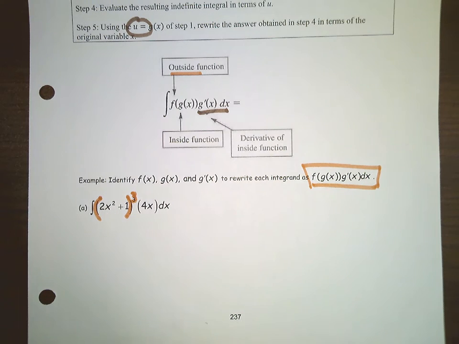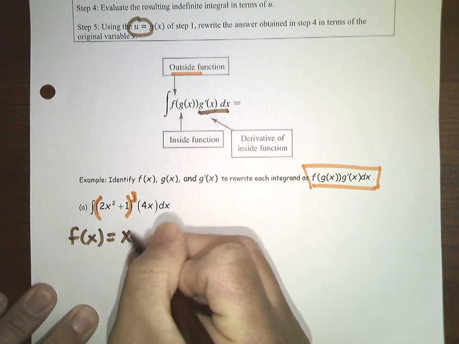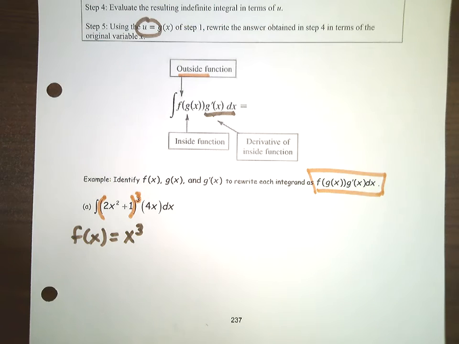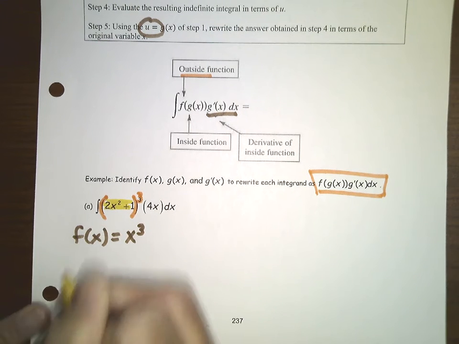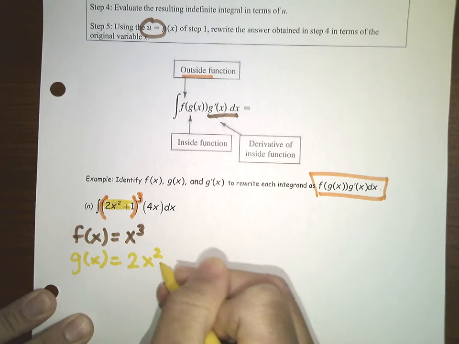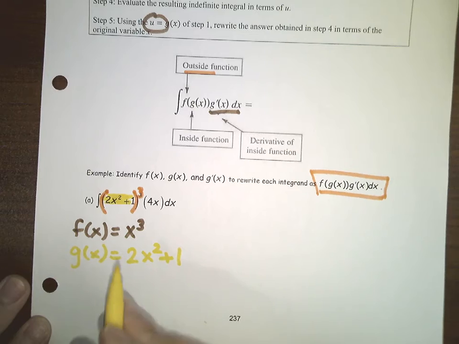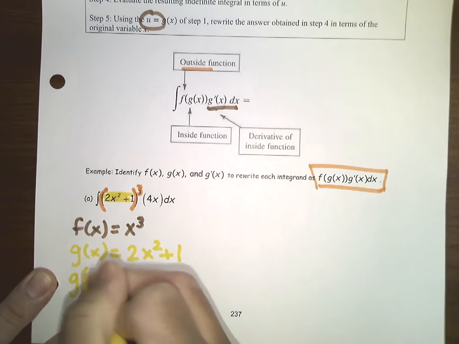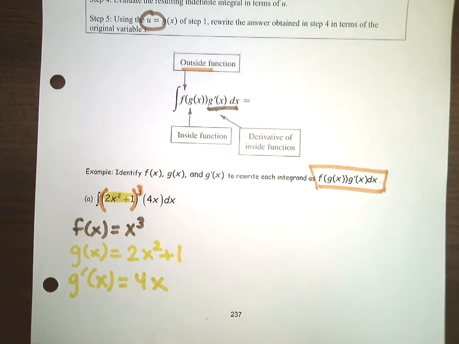So I'm going to let f of x be x to the third power, and then I will let g of x be the inside function. So g of x will be 2x squared plus 1. Then I need to figure out what g prime of x is. So g prime of x is 4x.